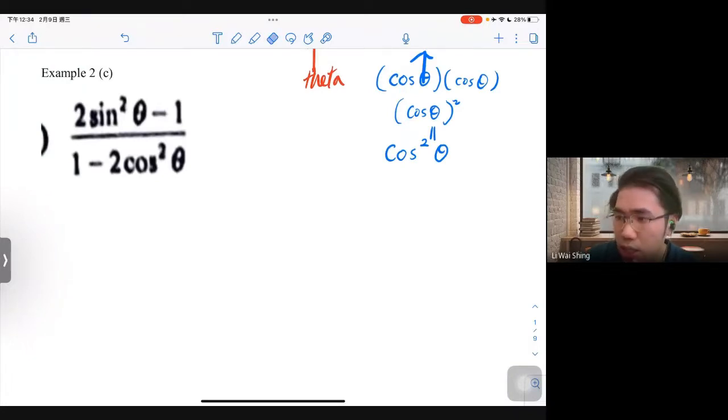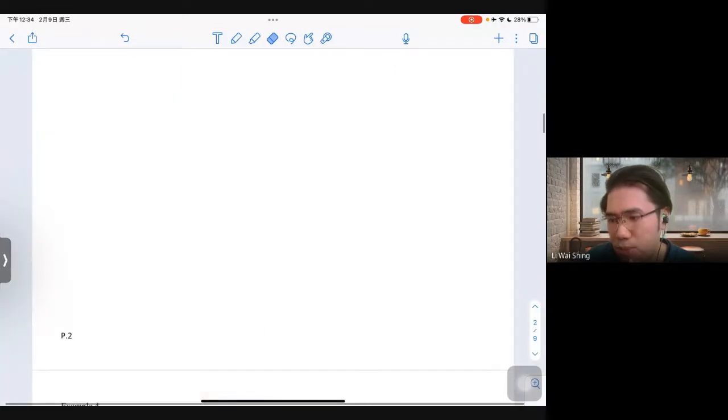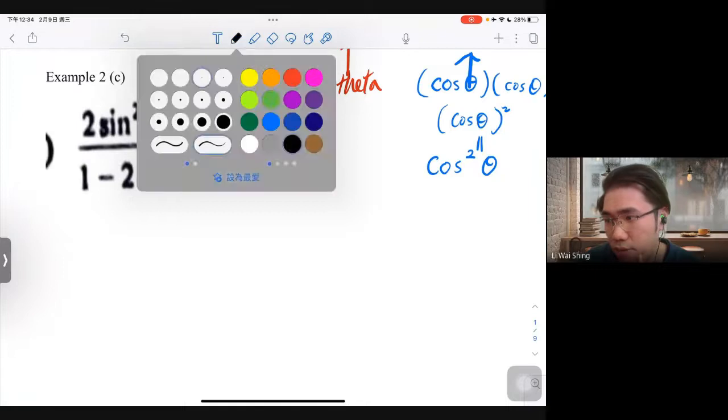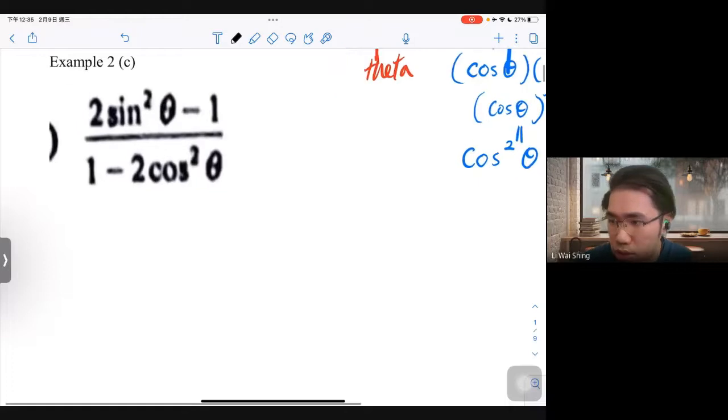You are asked to simplify these 3 examples, but I found that quite a lot of you failed to do that. So let's do it once again. If you know how to do that, then you can continue to do the math in your book. Then I would assign some homework for you to do tonight.